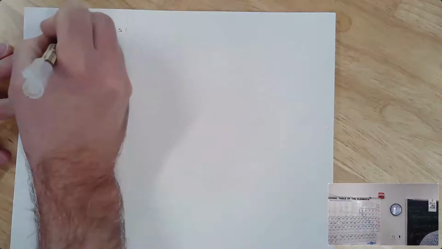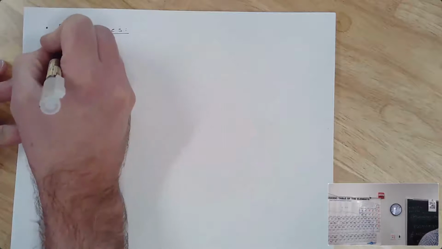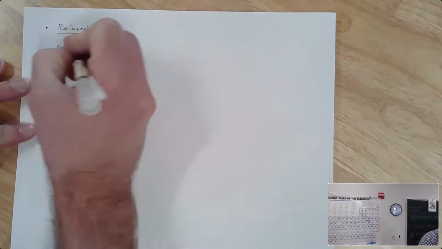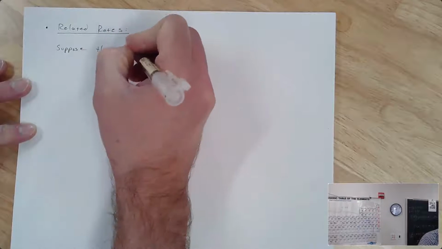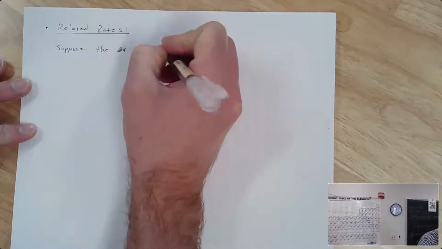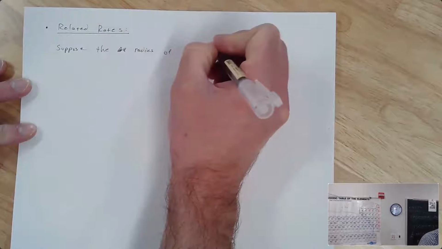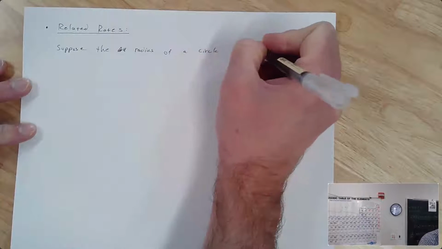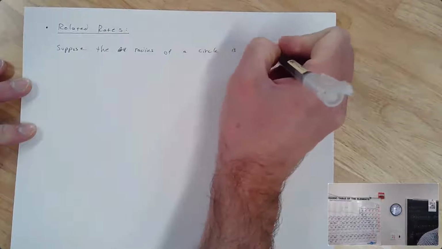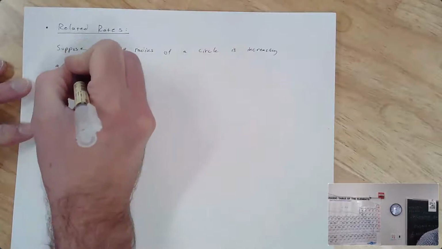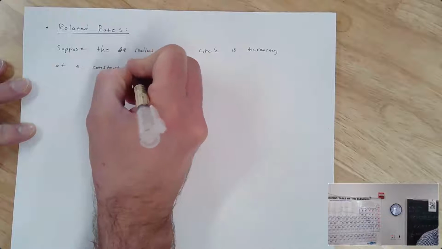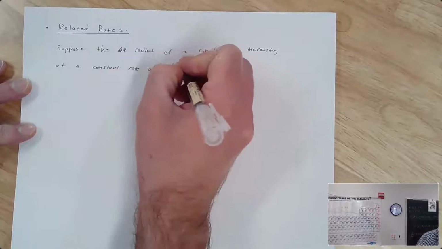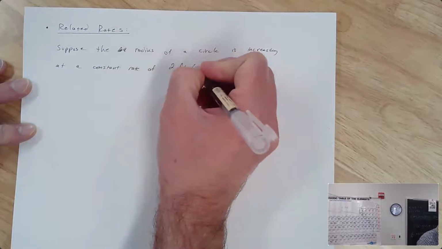Related rates. So suppose the radius, spelling really good, of a circle is increasing at a constant rate of 2 feet per second.